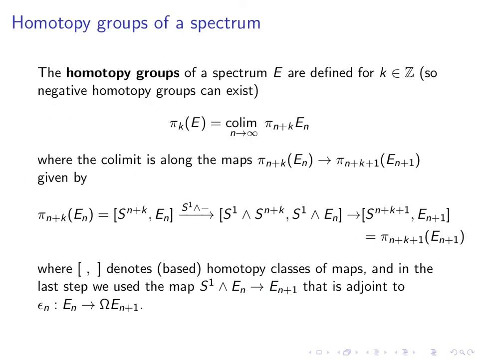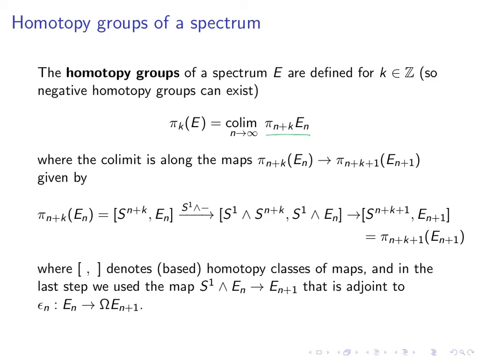A spectrum has homotopy groups, and these are defined as follows. For any integer k, possibly negative, the definition is you take the colimit of pi_{n+k} of the nth space, and you let n go to infinity.